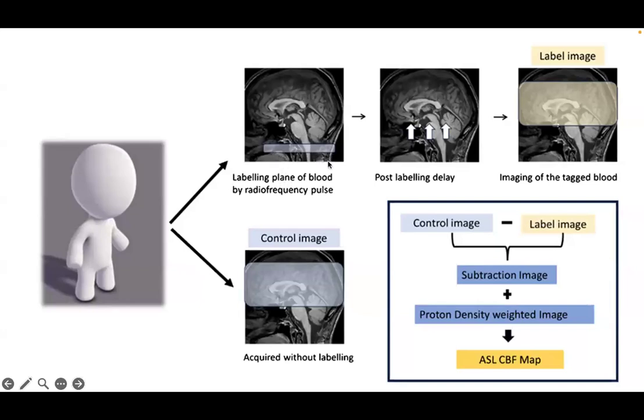What we are doing is giving multiple pulsed ASL adiabatic pulses. It will shorten the T1 of the blood.